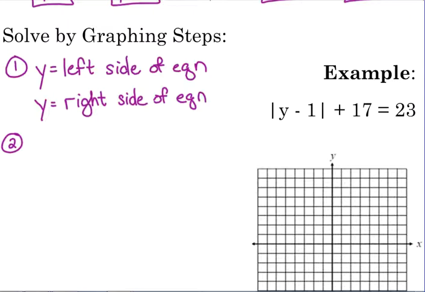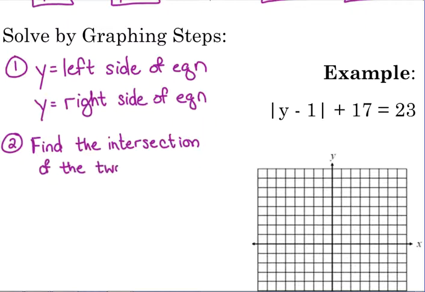Now, you've done solving by graphing before, not with absolute value, but you've done it with linear functions, you've done it with quadratic functions, you've done it with various functions. What you're always looking for if you're solving by graphing is you are looking for the intersection. Find the intersection of the 2 graphs.